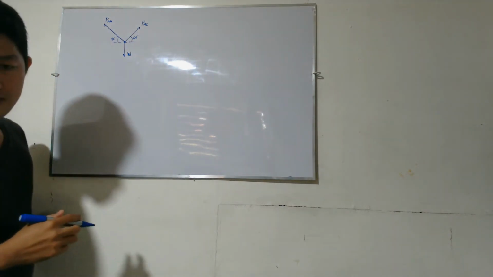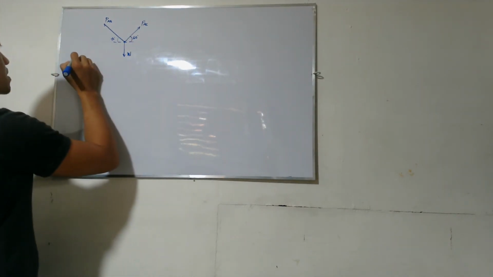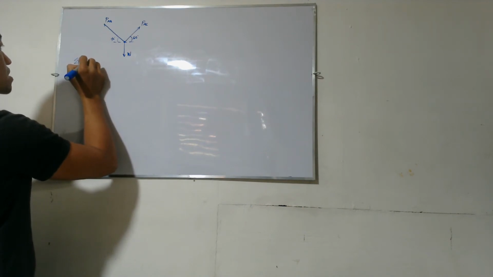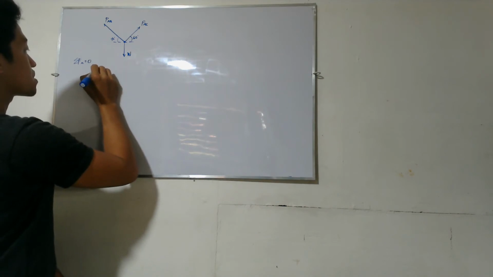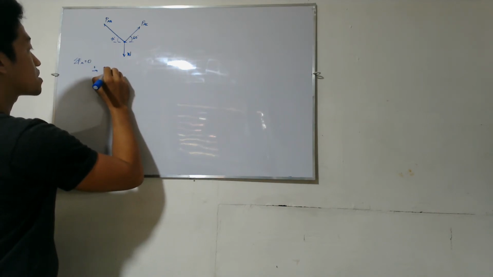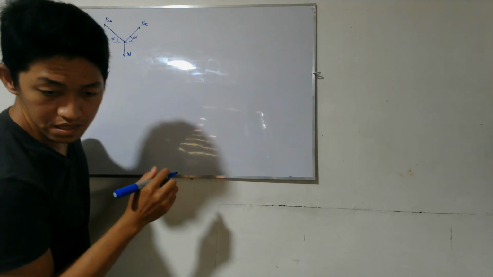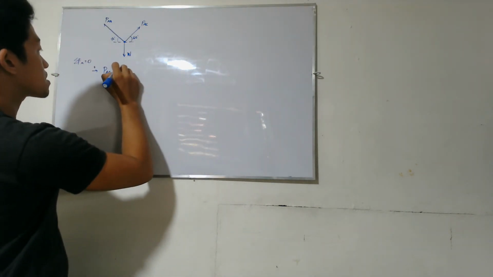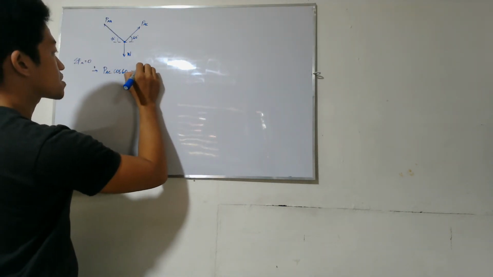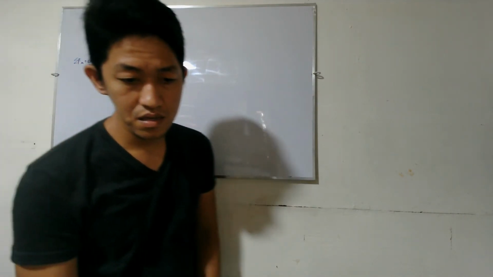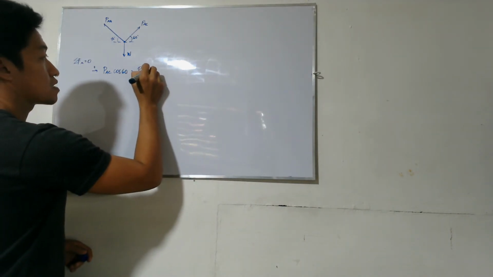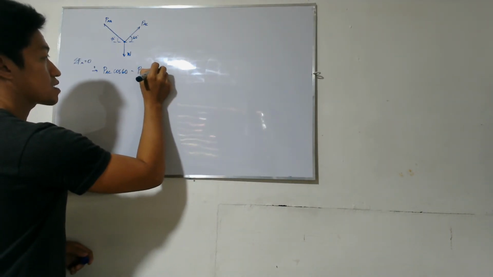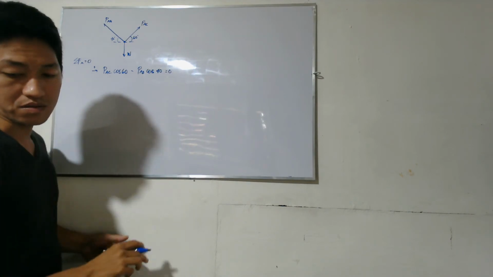Okay, applying Newton's first law of motion, we have PAC cosine 60 minus PAB cosine 40 is equal to 0.